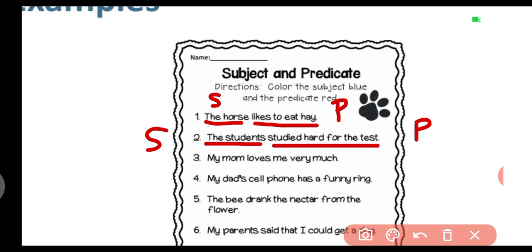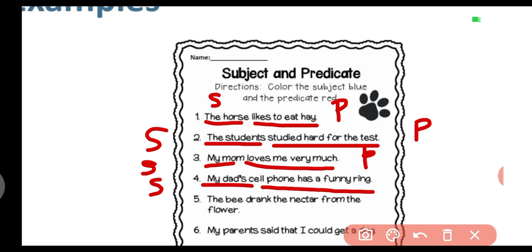My mom loves me very much. Again, my mom is the subject, and what she does, loves me very much, is the predicate. My dad's cell phone has a funny ring. Again, my dad's cell phone is the subject. Basically, a noun or a pronoun that is being used in the sentence is what we call the subject. And what the noun or pronoun does is what you call the predicate.